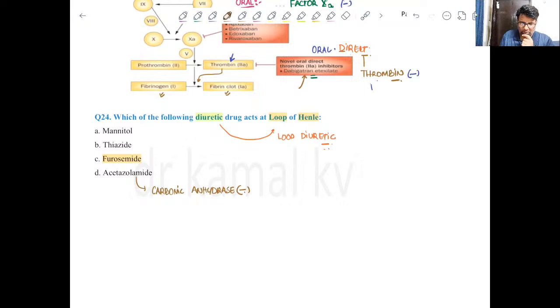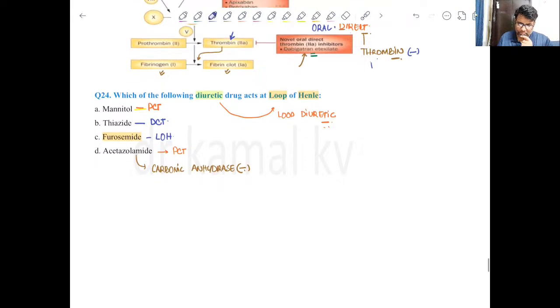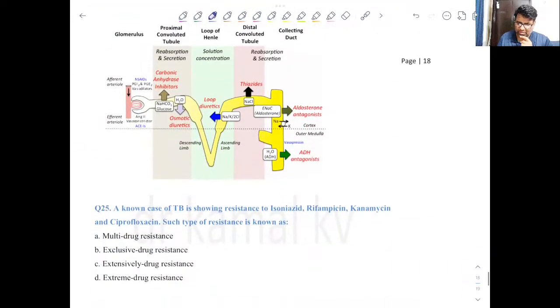Now if we just have a look, it acts on the PCT. Mannitol also acts on the PCT, and thiazides act on the DCT. So these are the different sites of action. Thiazides on the distal convoluted tubule, furosemide on the loop of Henle, mannitol and acetazolamide on the PCT. Clear? So this is how you can remember it. Okay.